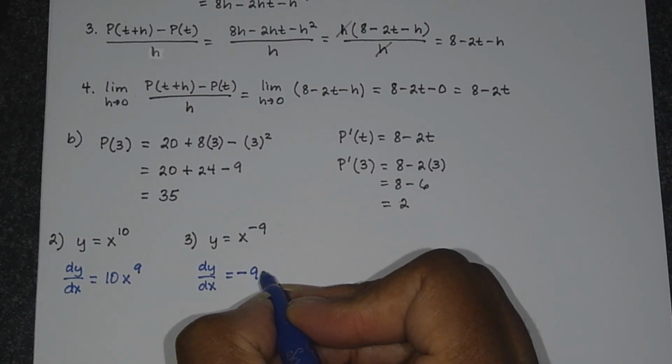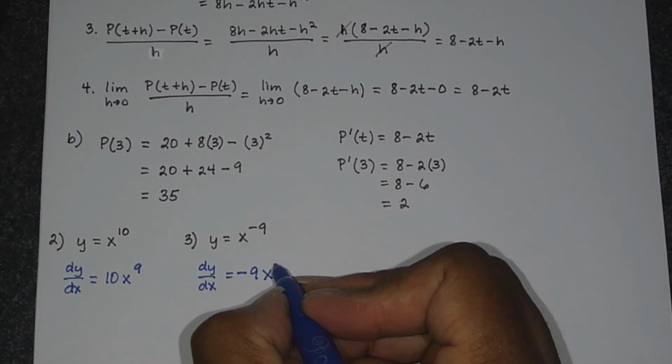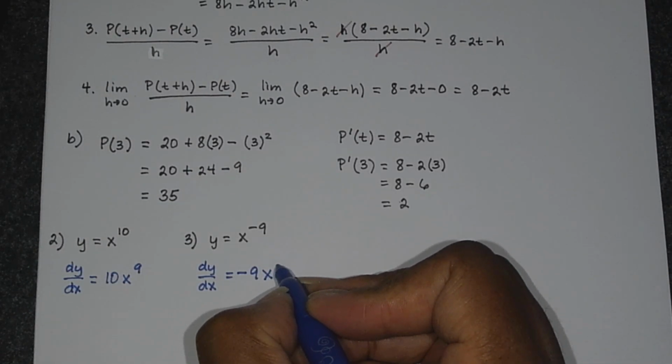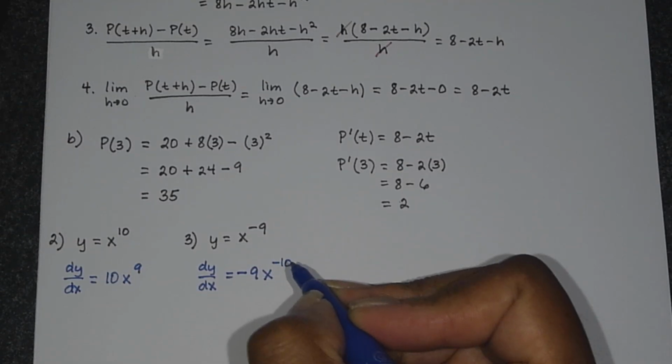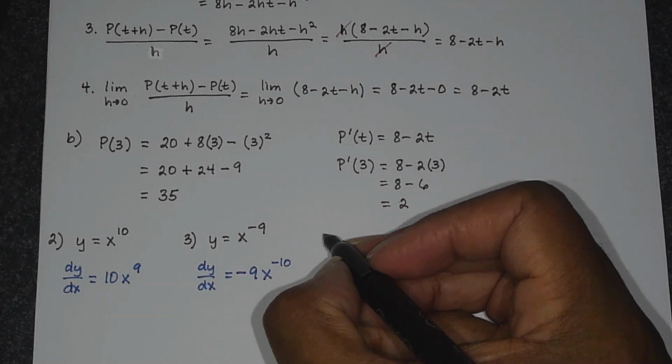That's the power. Copy the x over to the one less power, negative 9 minus 1. Negative 10. And you can leave it like this, negative 9x to the negative 10 power. Or you could write it as negative 9 over x to the positive 10. Okay, questions on number 3.